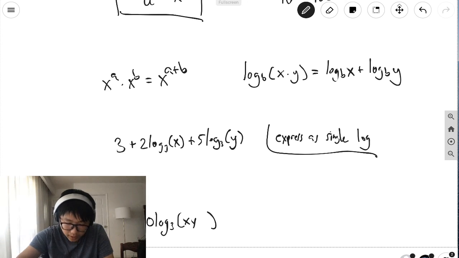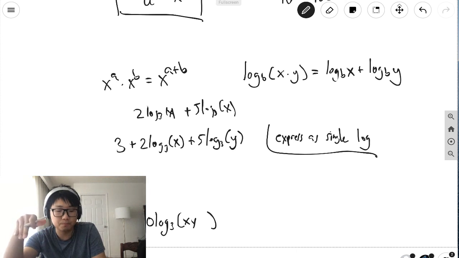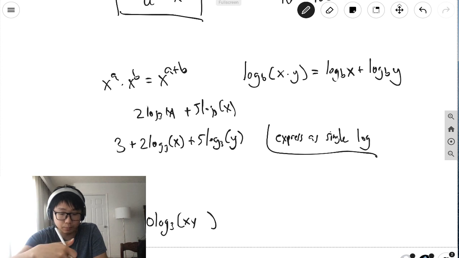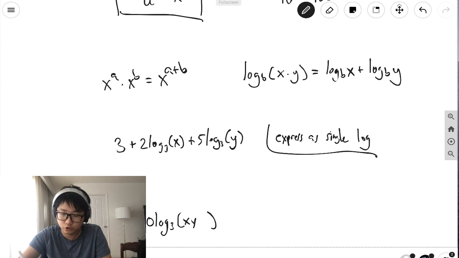If this were 2 log base 3 x and 5 log base 3 x also, you could add them, but even then you're not multiplying; it would be 7 log base 3 x. But this is a y, so they're not even like terms. I cannot combine those coefficients.